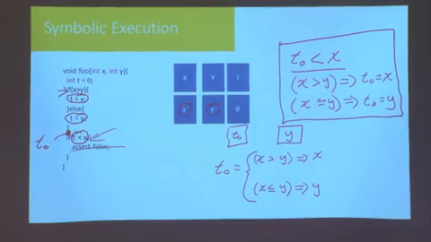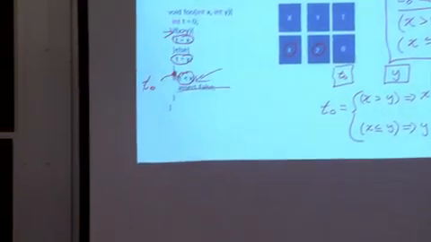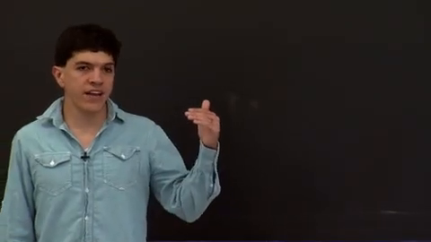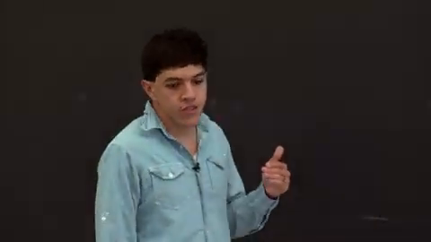So we're executing this program, but instead of keeping our state as a mapping from variable names to values, what we're doing is keeping our state as a mapping from variable names to these symbolic values, essentially other variable names.